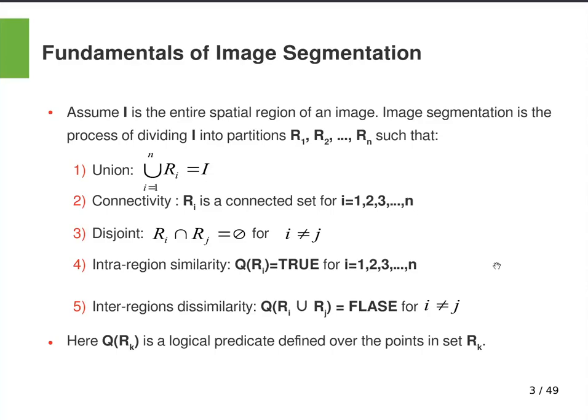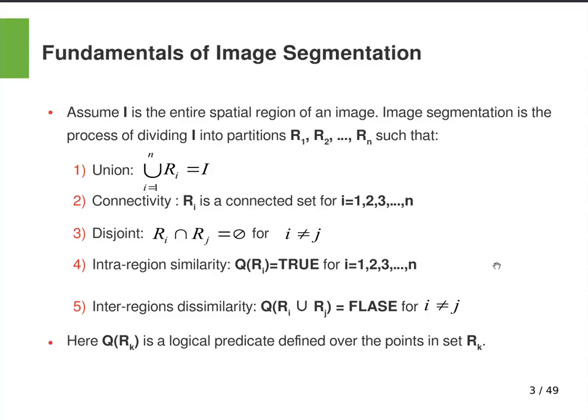To put it in simpler terms, whatever property we use to do the segmentation should be true within each of these segments and should not be true for the union of two segments or two partitions.